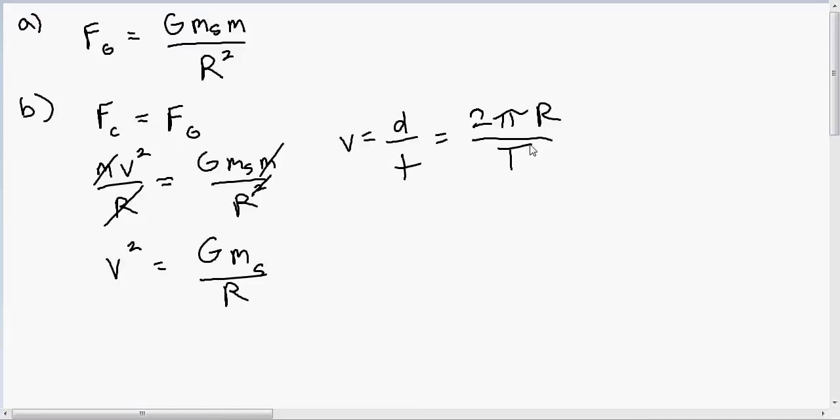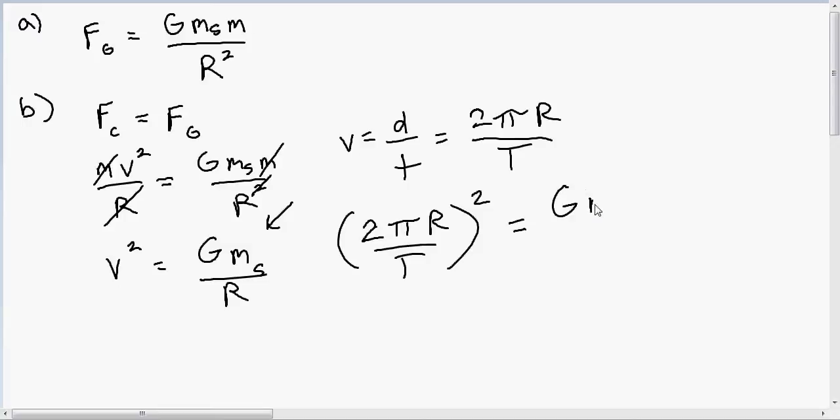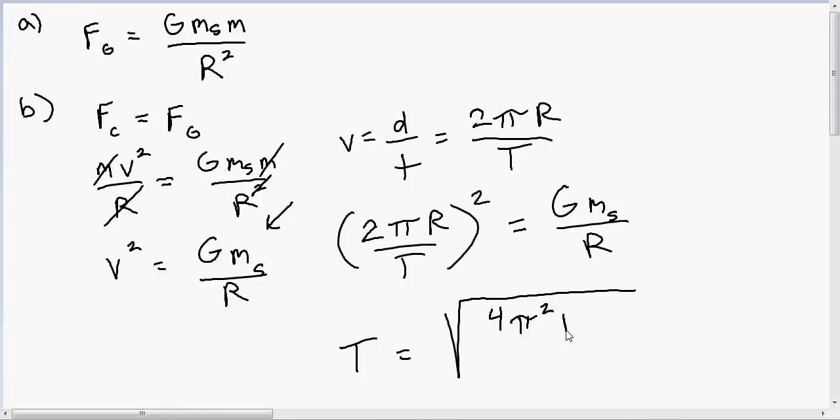So plug that into this equation down here, and we get (2 pi r over T) squared equals G M_S over r. And solving for T, because we want T as a function of r, we get T equals the square root of 4 pi squared r cubed over the gravitational constant and the mass of Saturn.